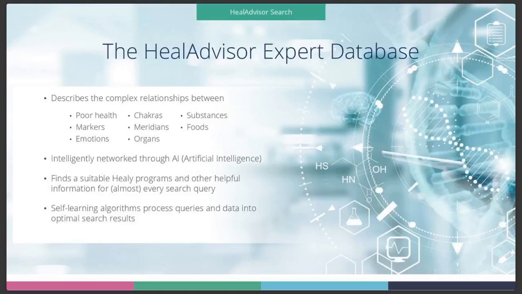It is a variety of things coming into place here. And this database can make this complex relationship between those points. So through intelligently networked, really artificial intelligence, this database learns by every input a member around the world puts in this database. The database is expanding by itself very quickly.